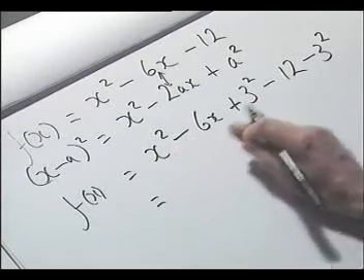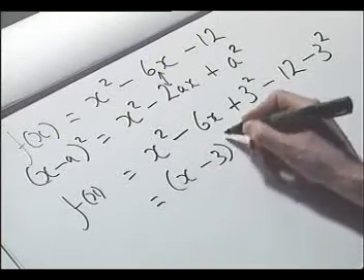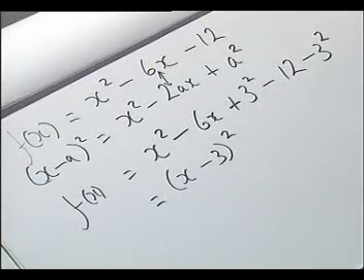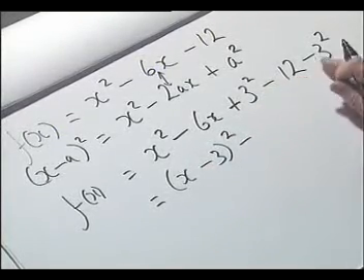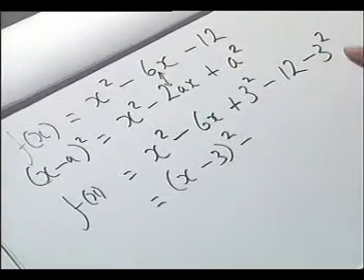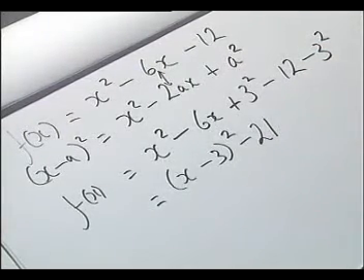We can now identify this as being x minus 3 all squared. And these numbers at the end, minus 12 minus 9 altogether, gives us minus 21.